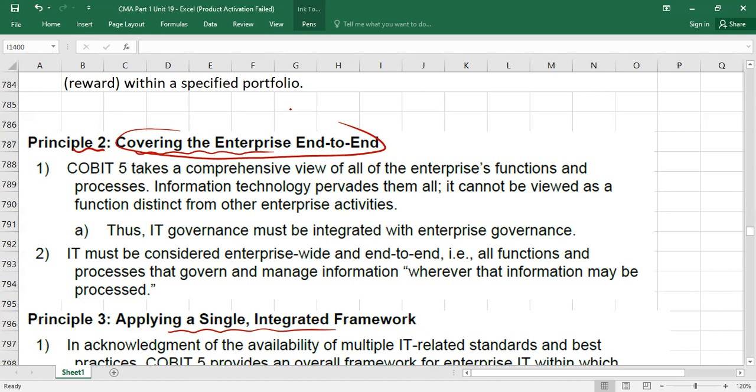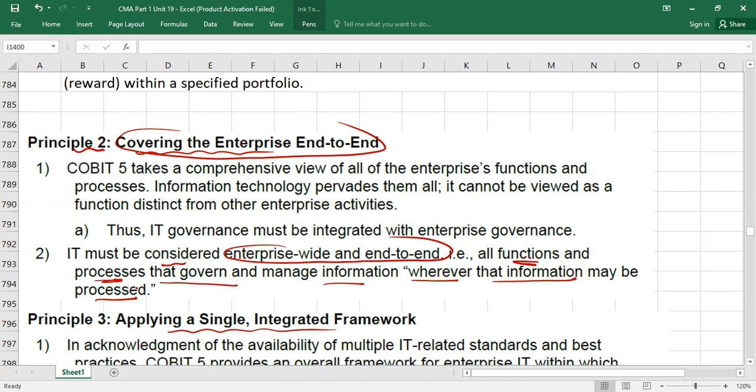So you should apply IT enterprise wide, meaning throughout the entity, and end to end. This is the keyword. It must be considered enterprise wide and end to end. Meaning to say, it should be applied throughout the company. All functions and processes that govern and manage information, wherever that information may be processed, so we have to apply IT there.